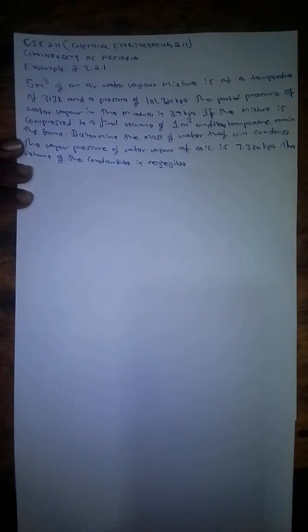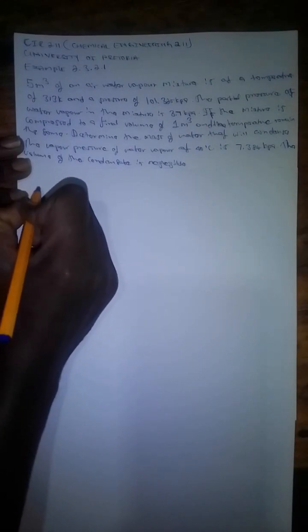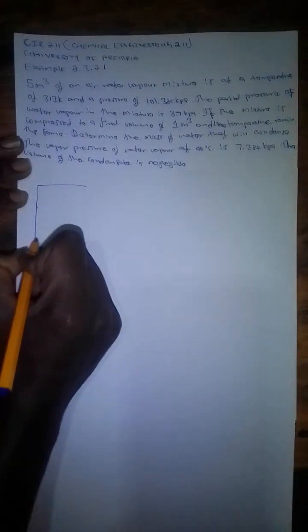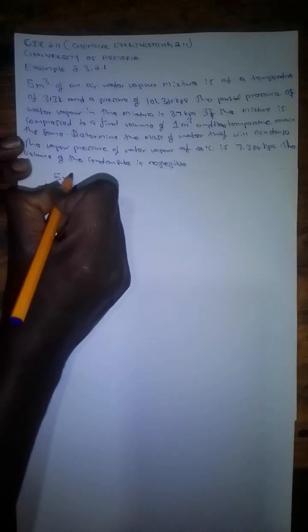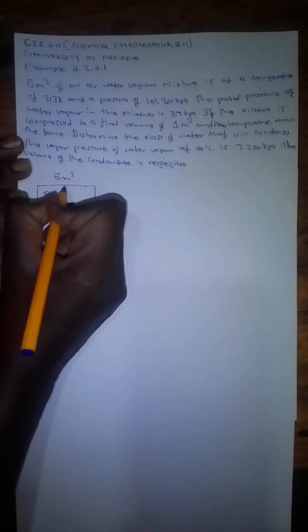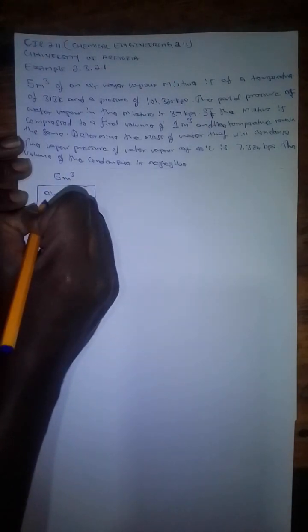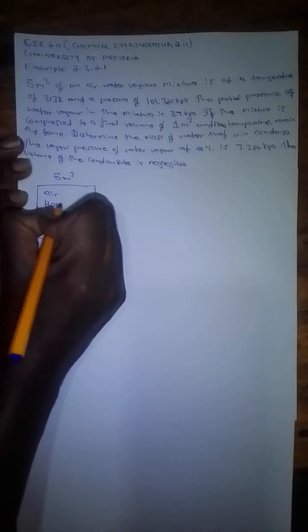Now, for us to actually solve this question, I just need to do a few illustrations here. We have the first volume, which is 5 meter cubed, and in here we have air, and we also have H2O as in water vapor, right?